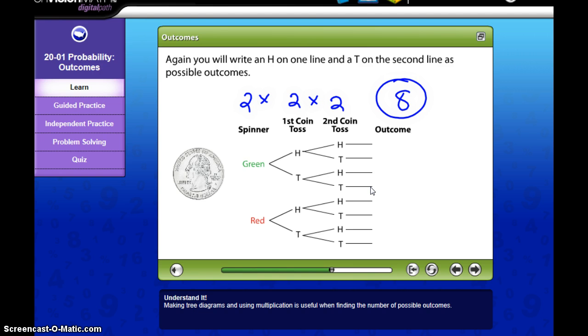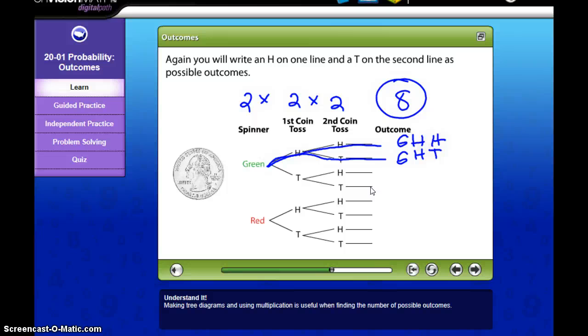Yes. So we could go green, heads, heads. That's my first one right here. We could go green, heads, tails. See how you follow the path of the tree diagram to make your list, America? What would be the next one? We're starting at the very first thing we did.